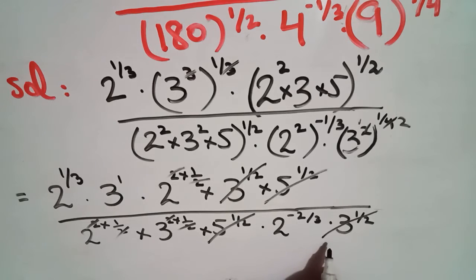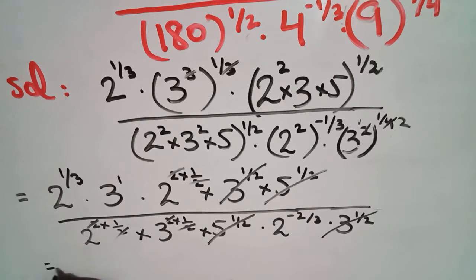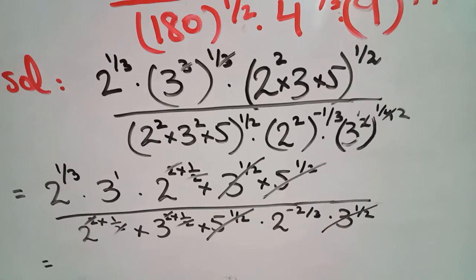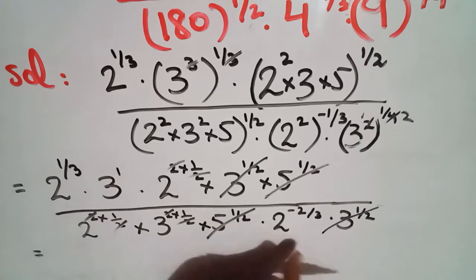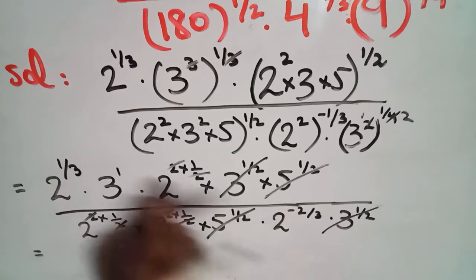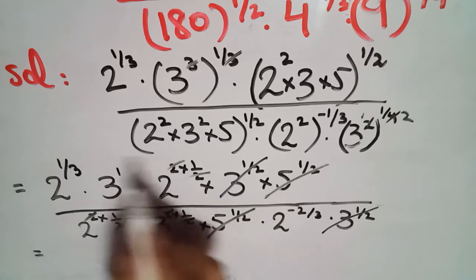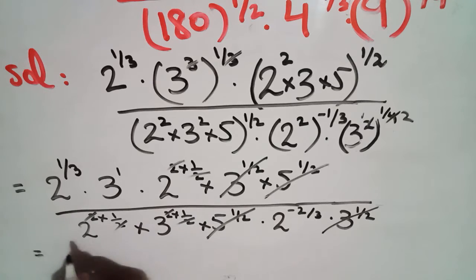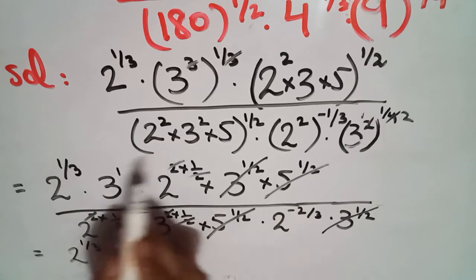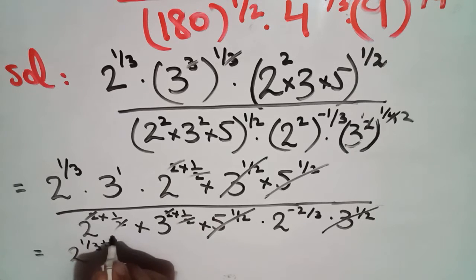So you can write what will remain here. This 2 and this 2 both have the same base, so their powers will be added. When this moves to this one, both have the same base, so we can write 2 raised to power 1 by 3, and this power will move up and become positive, over 2 by 3.